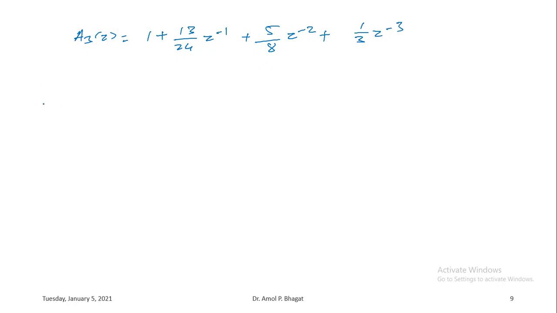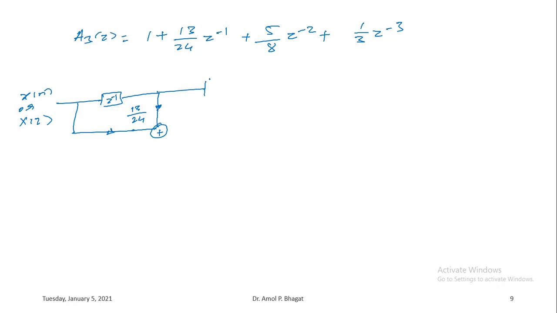So how can you draw it? x of n or x of z will be the input. Here you indicate 1, here you use a delay element, then a constant multiplier for 13 by 24, and an adder.